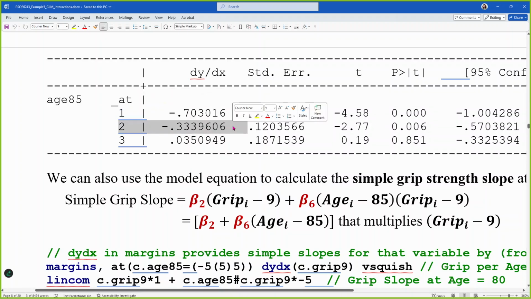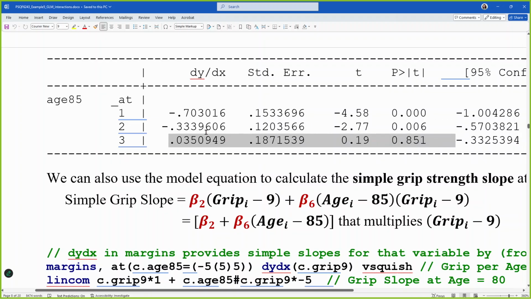Number 2 is the one we got out of the model already, because that is specific to a grip strength of 0, and we'll see that that's significant. Number 3 is the age slope at a grip strength of 12. And not only is it not significant, it's flipped over, right? And that's to be expected, because you're starting out negative this way, and you're gradually becoming less and less negative.